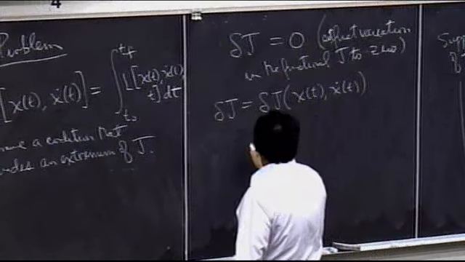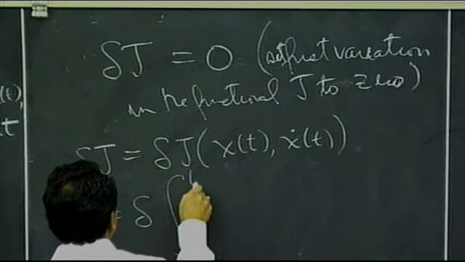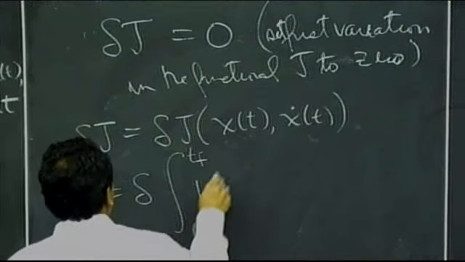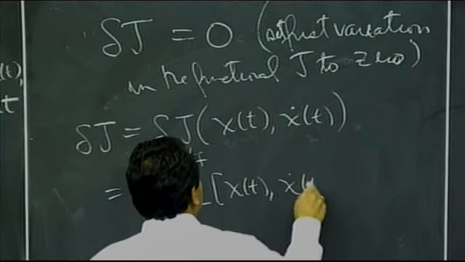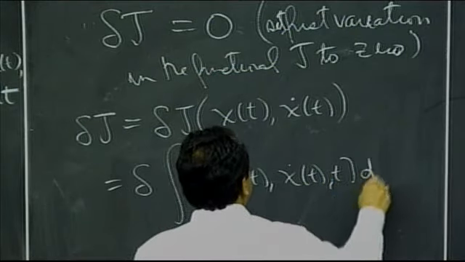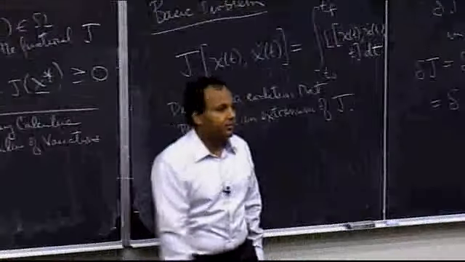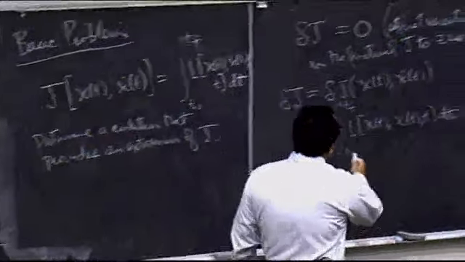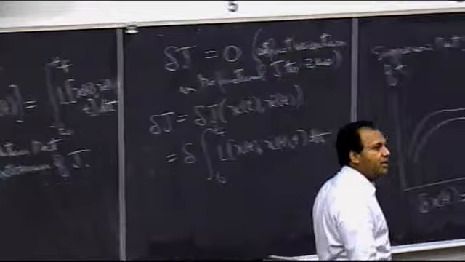So if I do that, I get the variation in the integral from t0 to tf of L of x of t, x dot of t, and t dt. And I want to set that thing equal to 0. Now, in order to do this, I need to vary everything in here that changes.